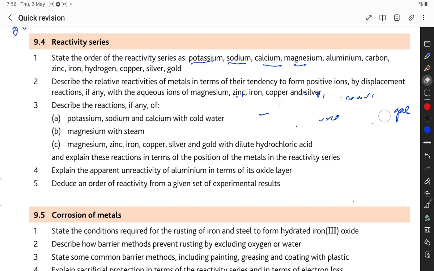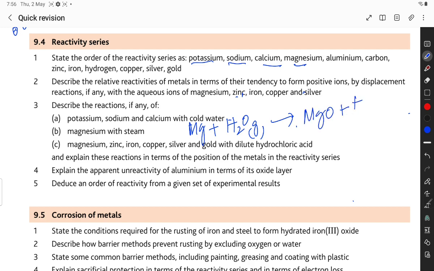You should know magnesium with steam. Magnesium reacts with steam, H2O in the form of gas, to form magnesium oxide plus H2 gas.